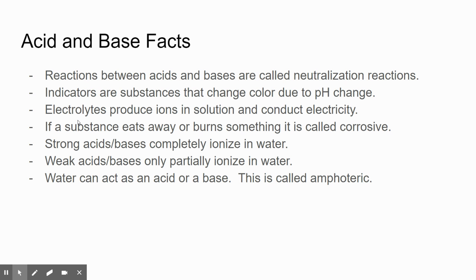Those can act as acids and bases, and with a lot of amphoteric substances, we can form buffers. That's the next unit, and buffers are very confusing. Buffers are tough. I try to make that as simple and easy as possible, but it's a struggle.